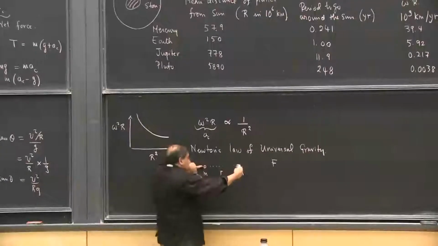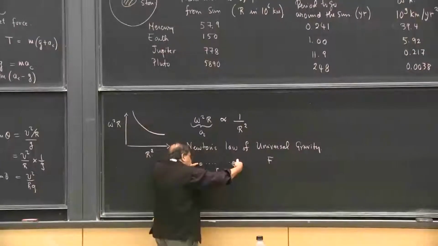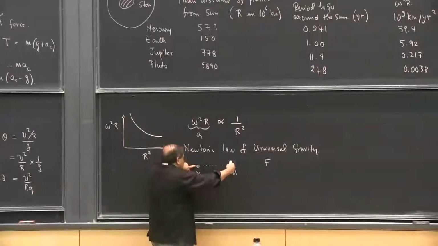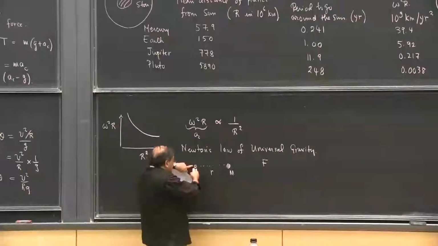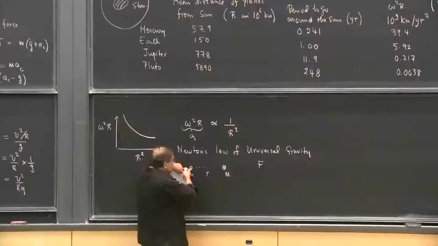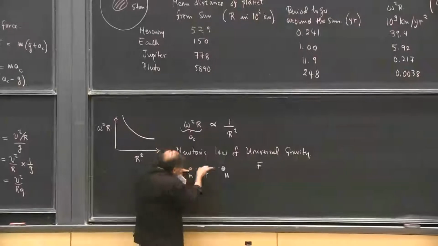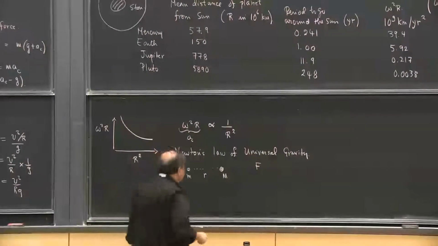As far as the big mass is concerned, it's going to feel a pull towards the small mass m. And the small mass is going to feel the same pull in the opposite direction towards the big mass M. That's how gravity works. I pull you, you pull me.